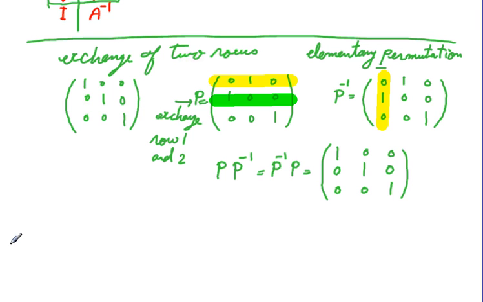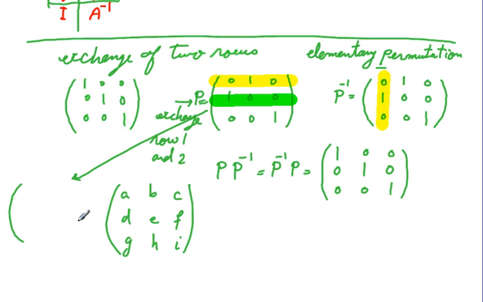Now, what if I had a matrix that wasn't just the identity? Suppose I have a matrix with some arbitrary components in it, A, B, C, D, E, F, G, H, I. Suppose I multiply this matrix on the left with a permutation matrix, 0, 1, 0, 1, 0, 0, 0, 0, 1. Let's just go ahead and multiply this, and see what is the net effect of it.